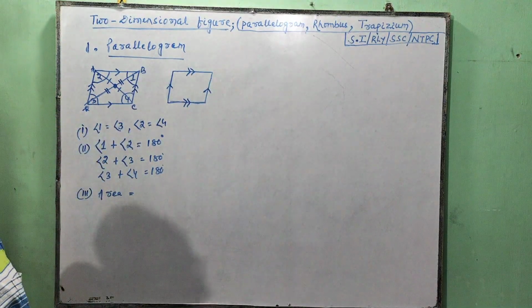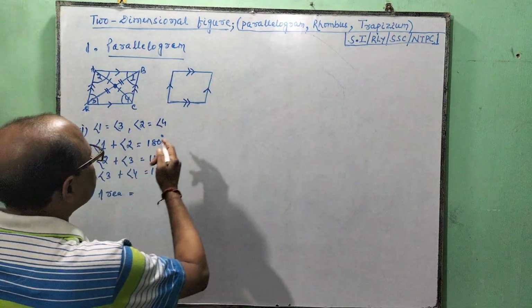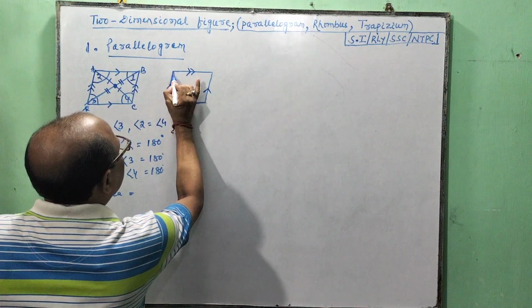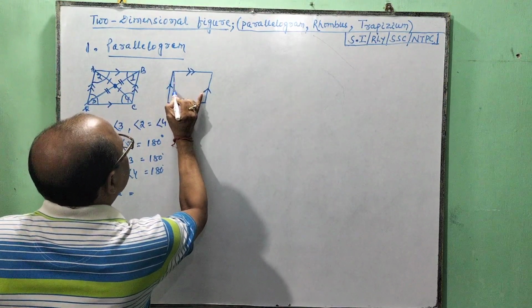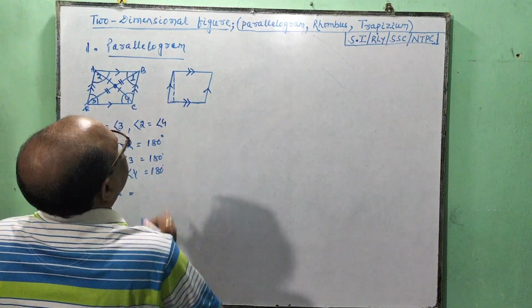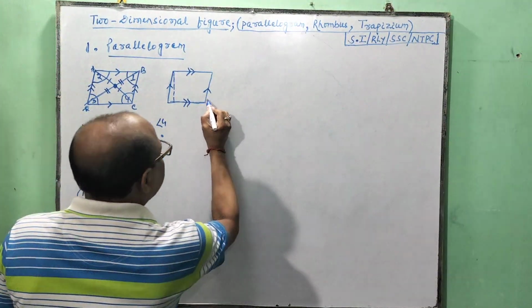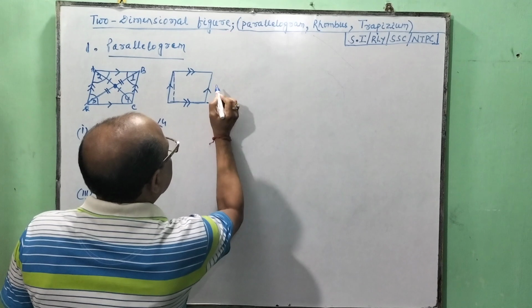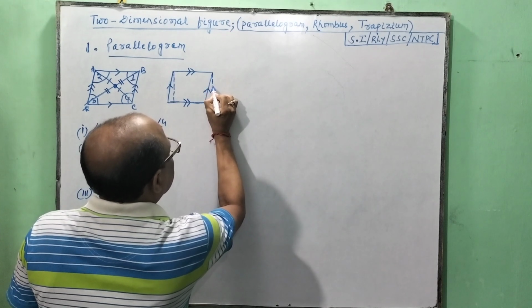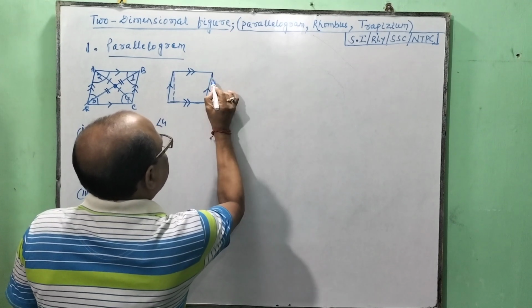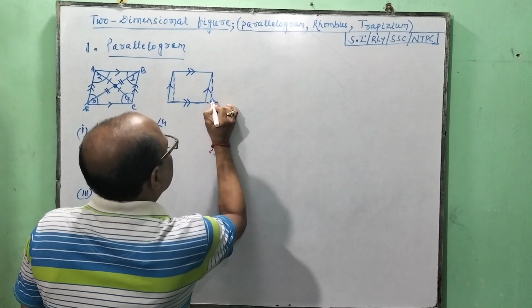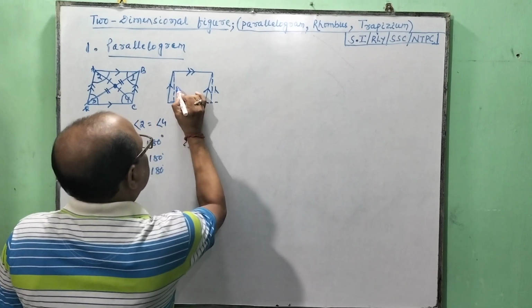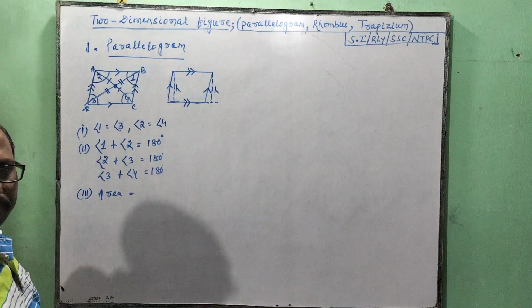Opposite sides are parallel. So this is the height of the parallelogram. This is one height. Also another height is here. This is also another height. These two heights are equal. So these are the heights of the parallelogram.